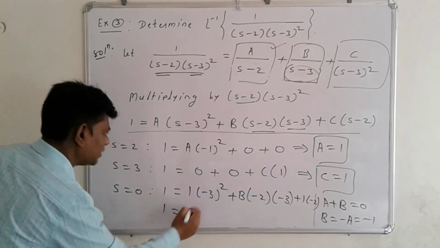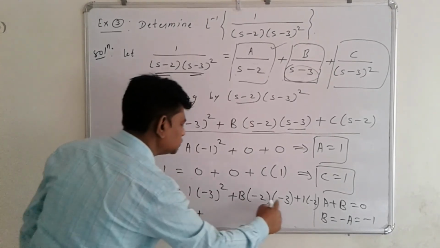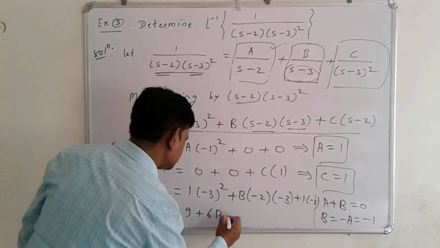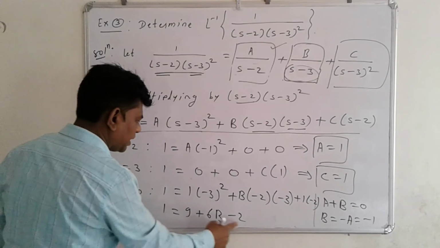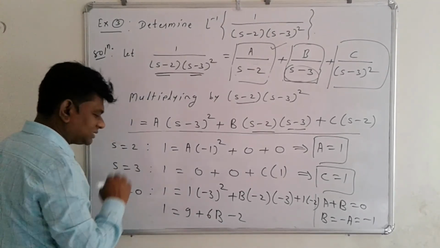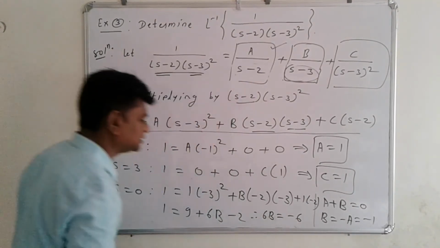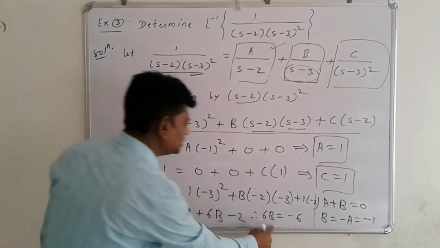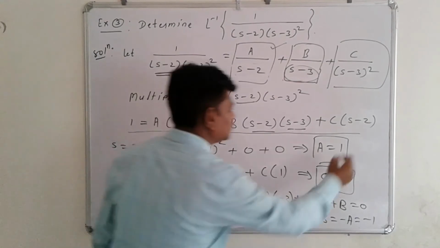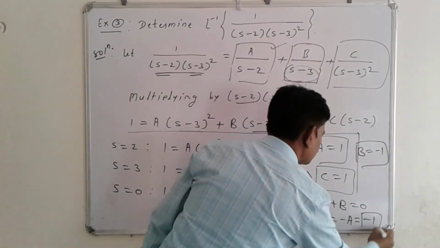The answer is 1 is 9 times A, that is 9, plus minus 2 times minus 3 is 6 times B, and minus 2. Now 9 minus 2 is 7, and 1 minus 7 is minus 6, so 6 times B is equal to minus 6, and then B is equal to minus 6 by 6, that means B is equal to minus 1.